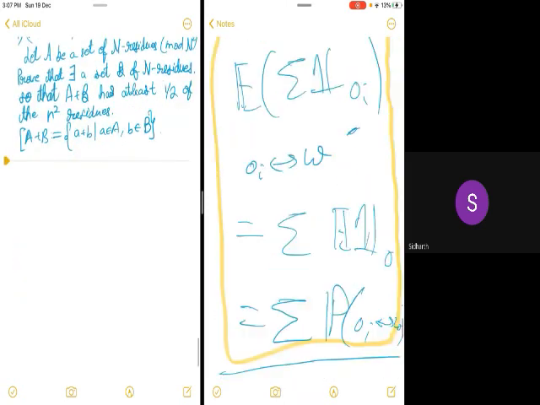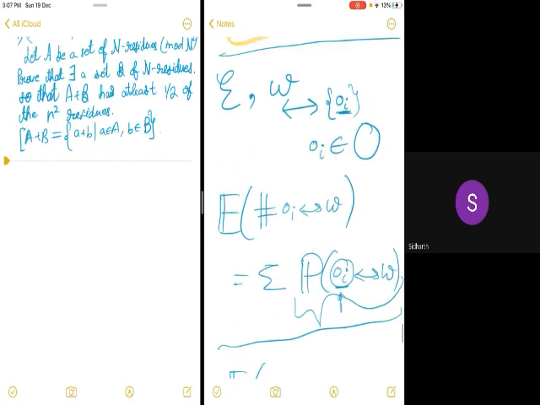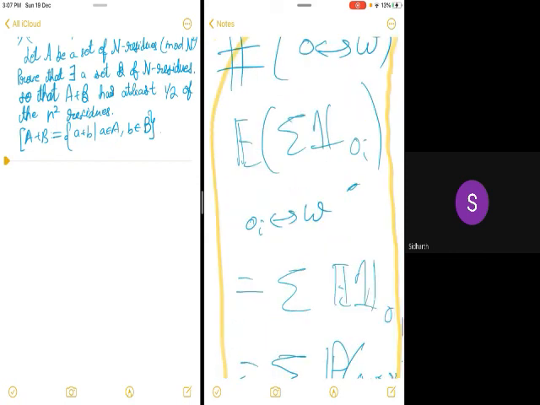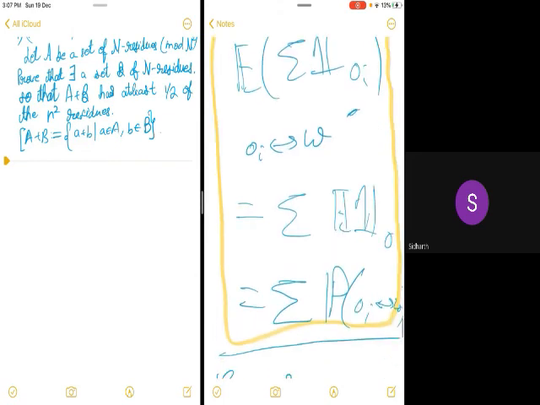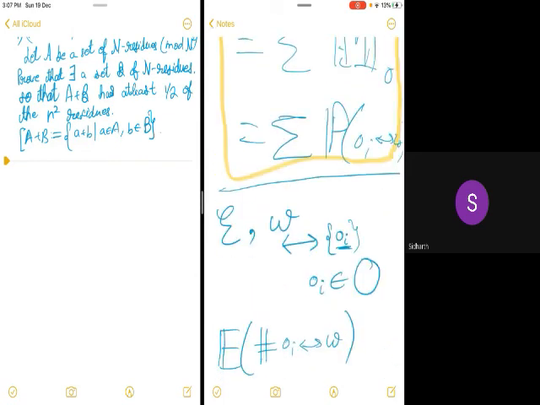The idea is that if you have a set of objects corresponding to an outcome, then you can calculate the expectation of the number of objects as the summation of the probability that a particular fixed object corresponds to our omega, where omega is chosen randomly.